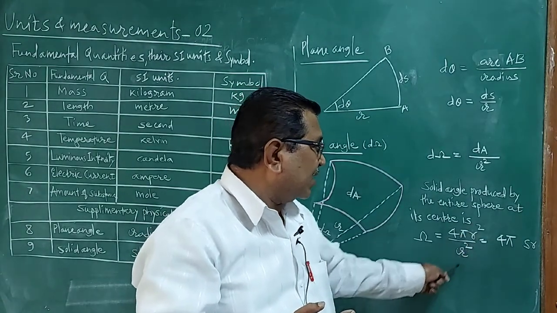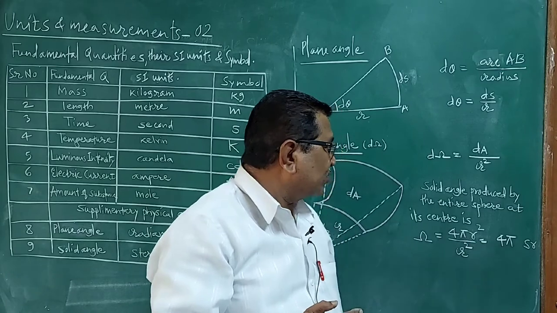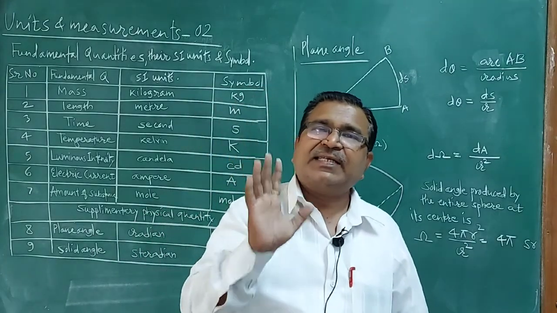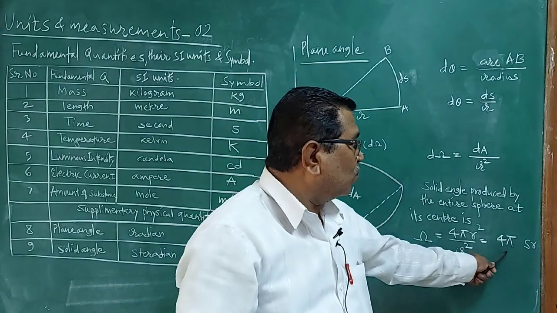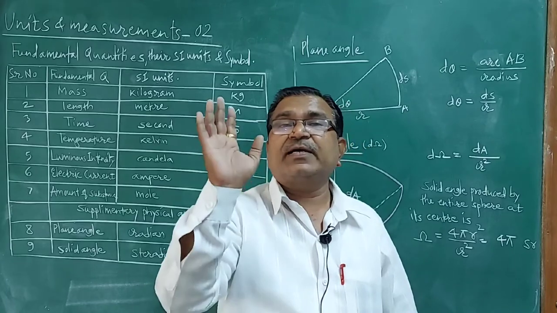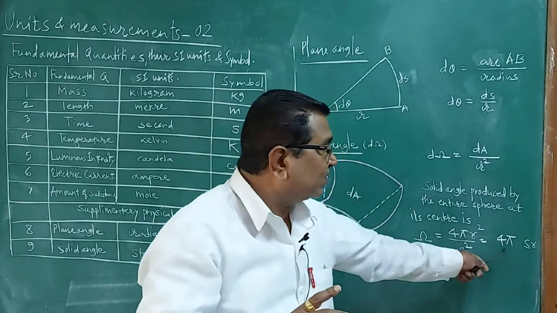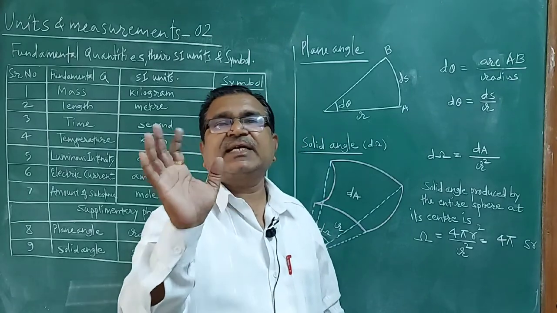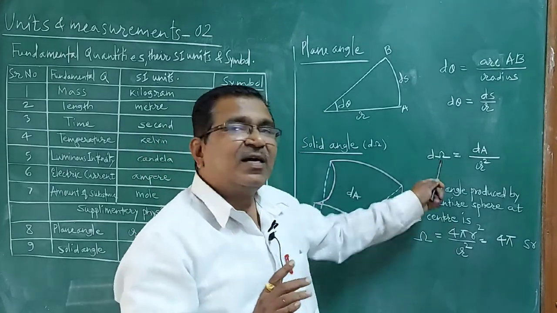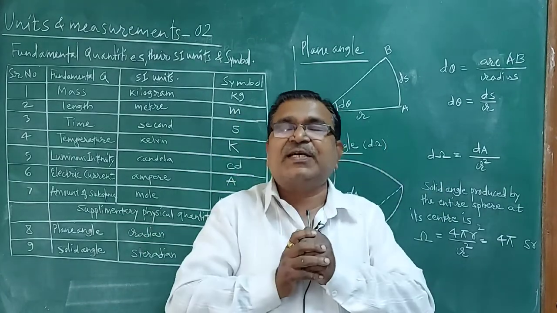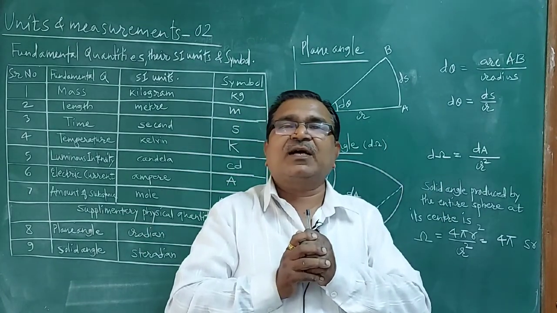This r square and r square get cancelled, and you get the solid angle produced by the entire sphere at the center, which is equal to 4 pi steradian. I have written the symbol 4 pi sr. So this is the solid angle produced by the sphere at the center, and d omega is the solid angle produced by the element of a sphere only.